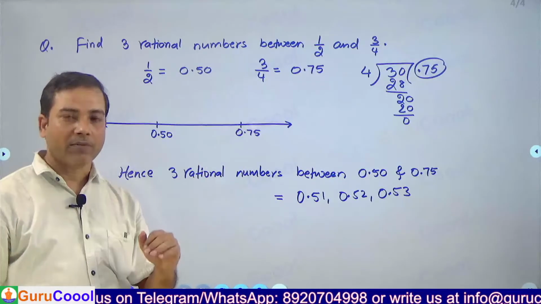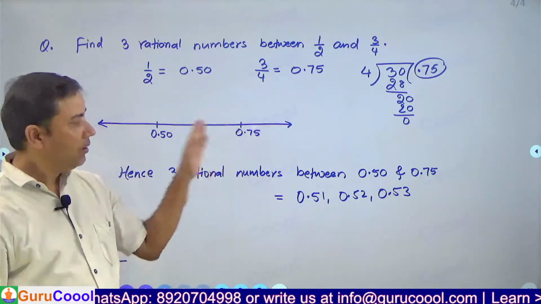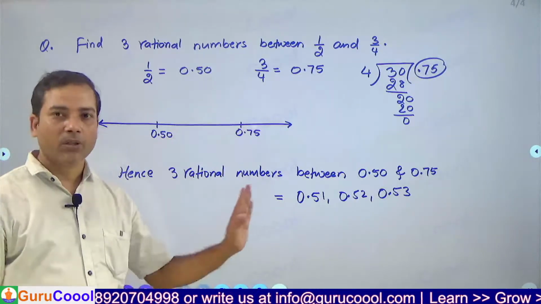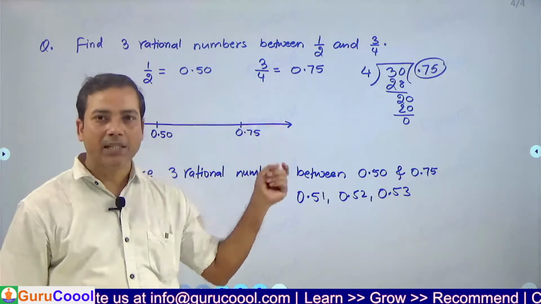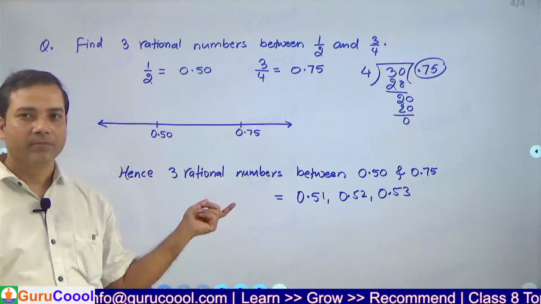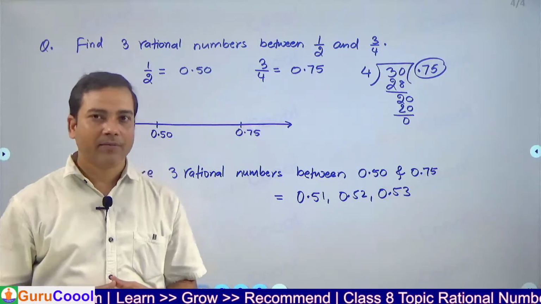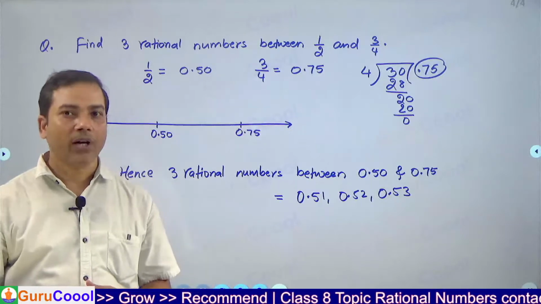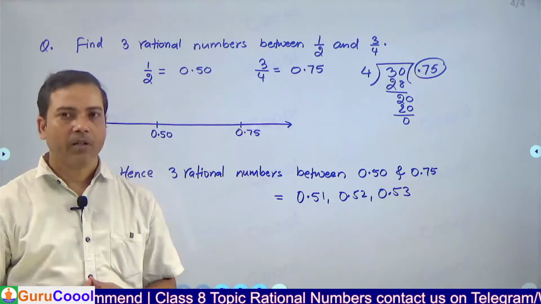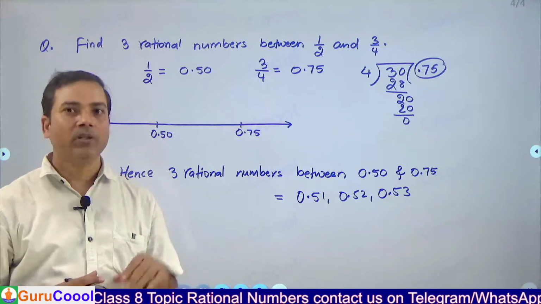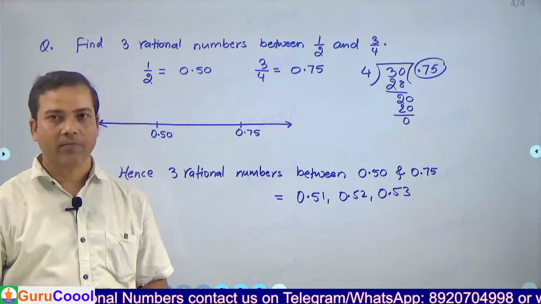So 0.7, 0.71, 0.72, 0.73 are all between them. So this was the third method. I hope you found it the easiest one. Yes. Right. So total 3 methods to find more rational numbers between the two. Whichever you think is comfortable for you, you can do in exams.